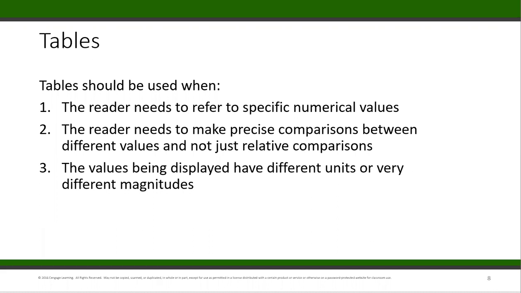Tables are appropriate whenever the reader needs to refer to specific numerical values. If the reader is interested in knowing the exact decimals, the details of the numbers, then tables are the best way to summarize the results.